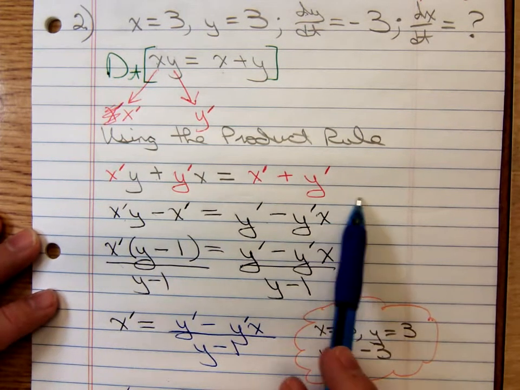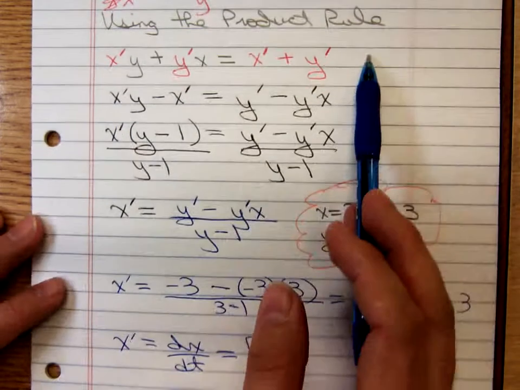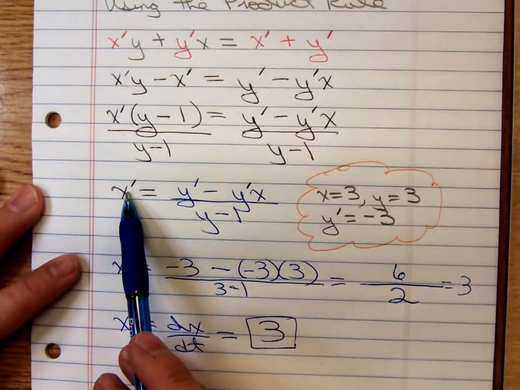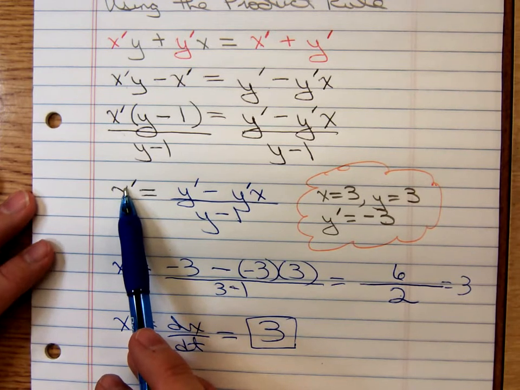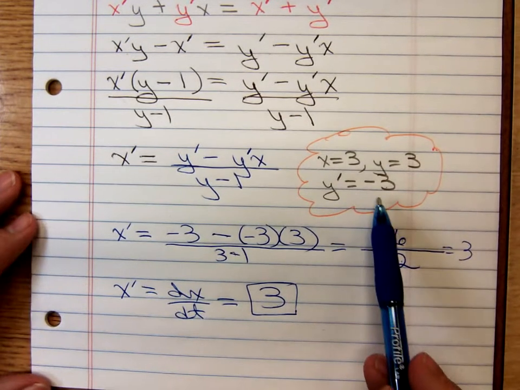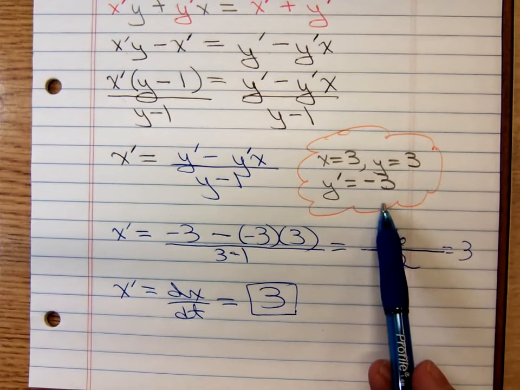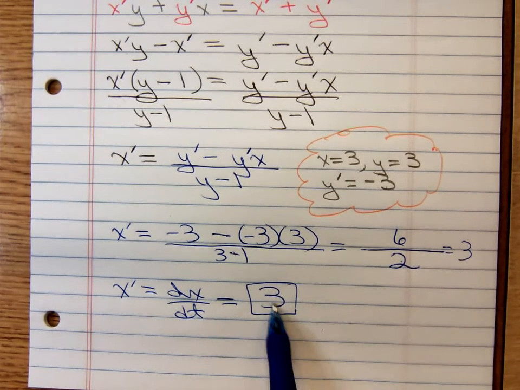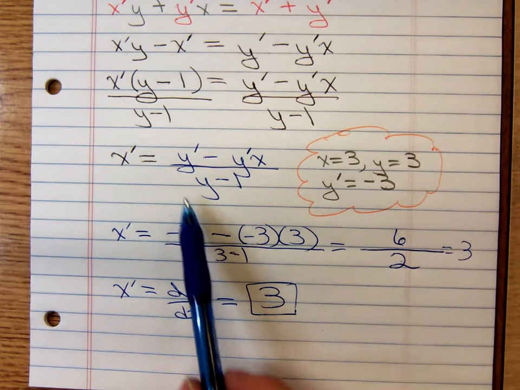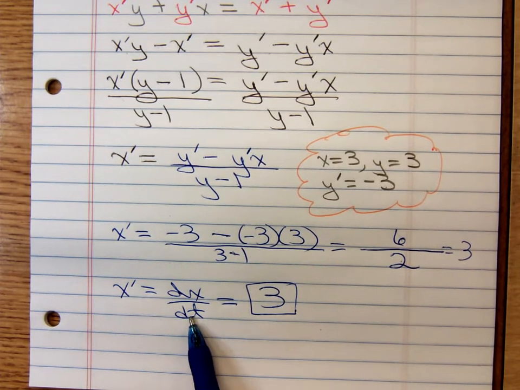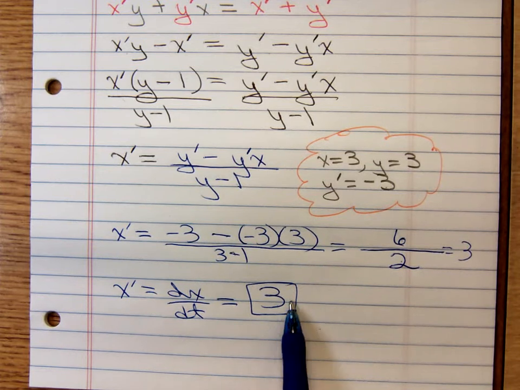We solved for x prime since that's what we were looking for, and once we did that, we substituted in the numbers they gave us. We got x prime, the rate of change of x with respect to t, equaling a positive 3.